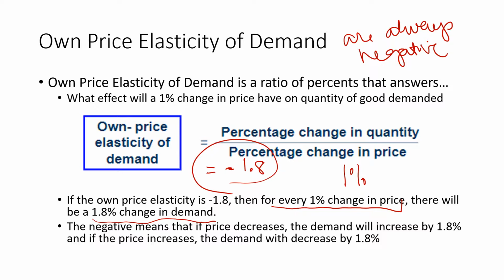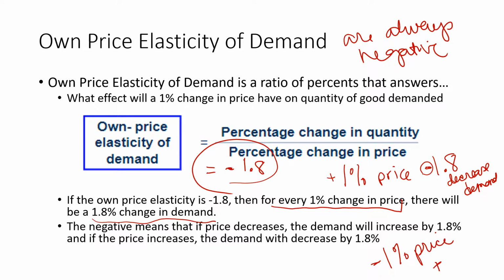So if there's a 1% increase in price, there's going to be a 1.8% decrease in demand. That's what the negative stands for. Similarly, if there was a negative 1% drop in price, there would then be a positive 1.8% increase in demand. So that is what own price elasticity tells us.